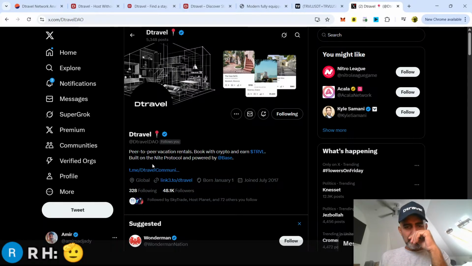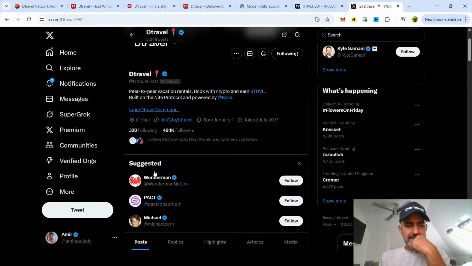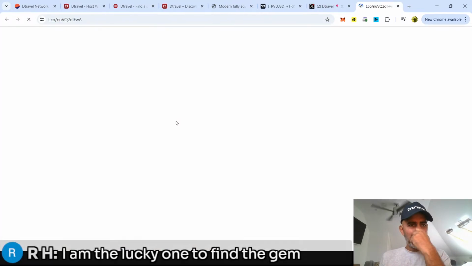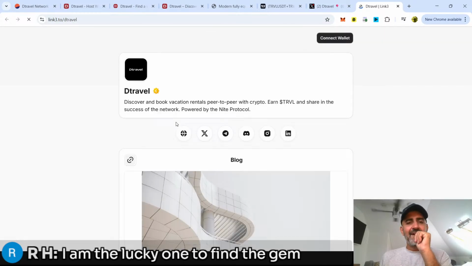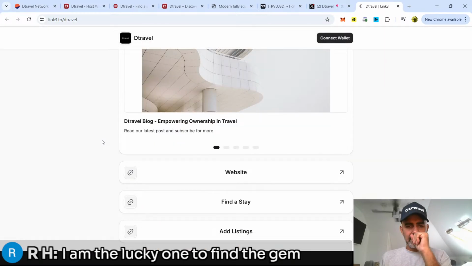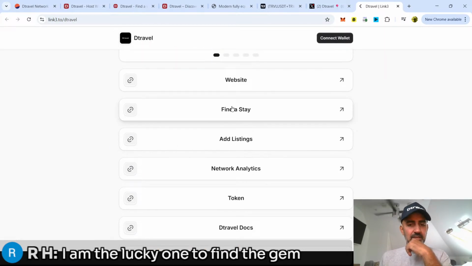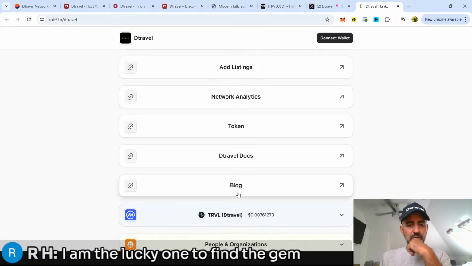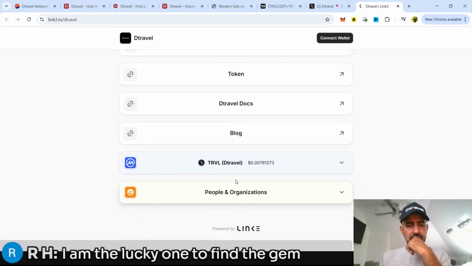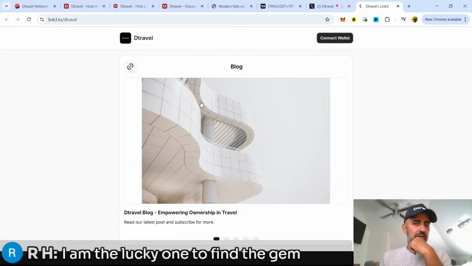They're built on the Night protocol powered by Base. The Telegram link is there, and you have a link tree here, and a blog, website, find a stay, network analytics, add listings, token, documents, blog, tokens, people and organizations. So all of your research is there, Dtravel.